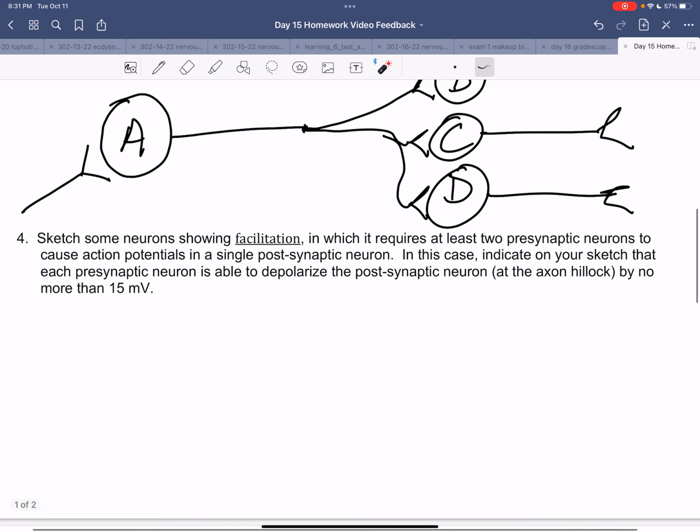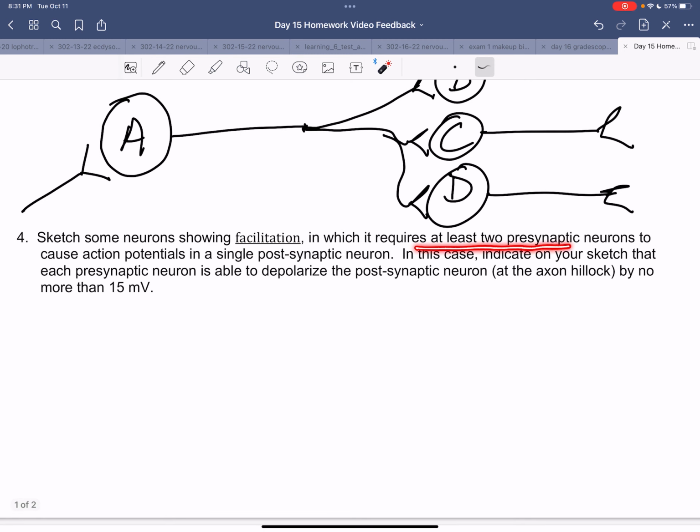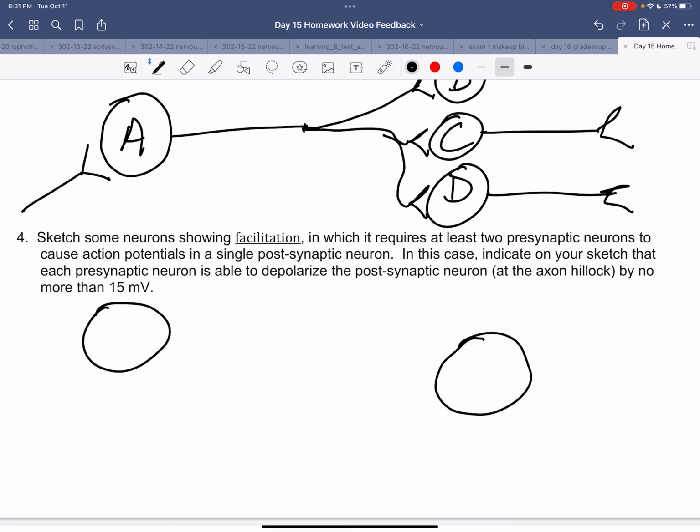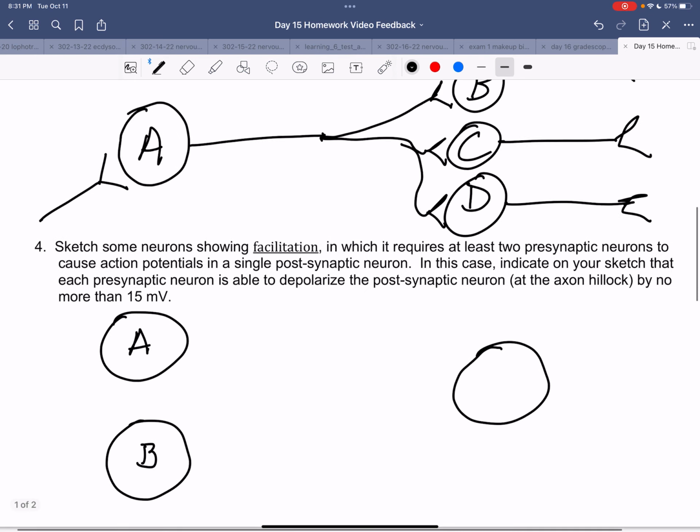Next is facilitation, in which it requires at least 2 presynaptic neurons to cause an action potential in a single postsynaptic neuron. So here we've got a single postsynaptic neuron, and we need at least 2 presynaptic neurons. So I'll just draw all 3, and then I have to figure out how to connect them.